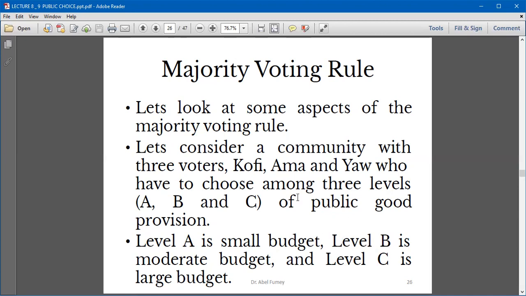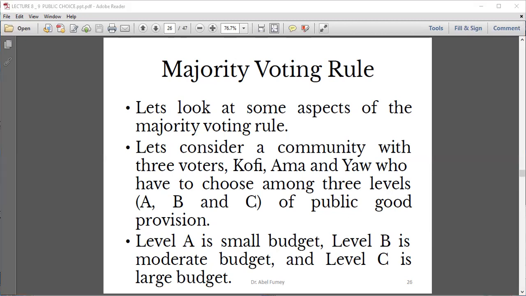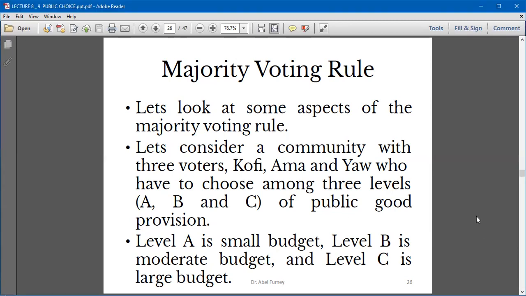Then policy C goes for a very large budget, so you need much money before you can enact policy C.